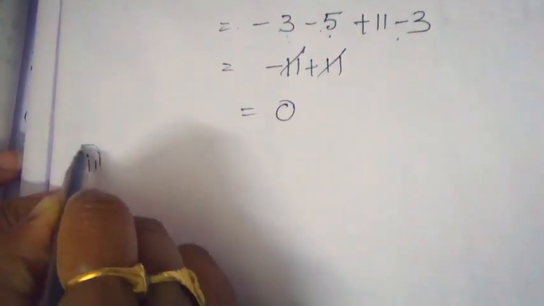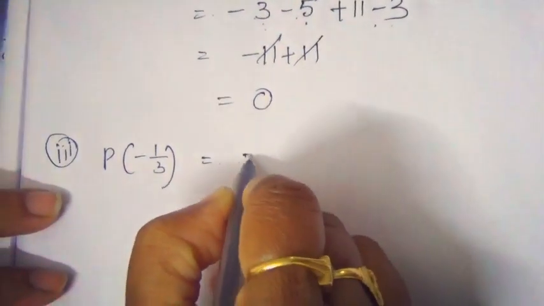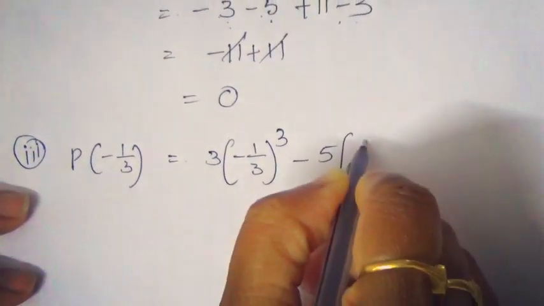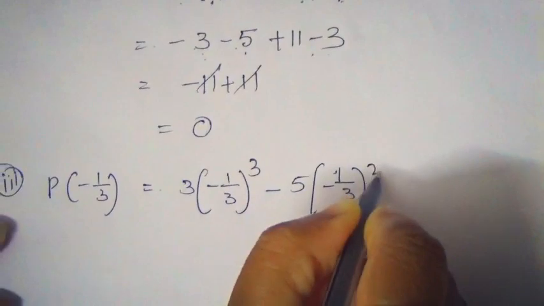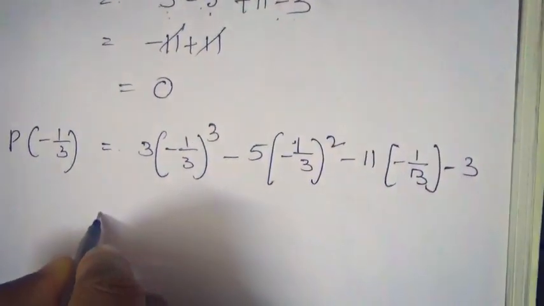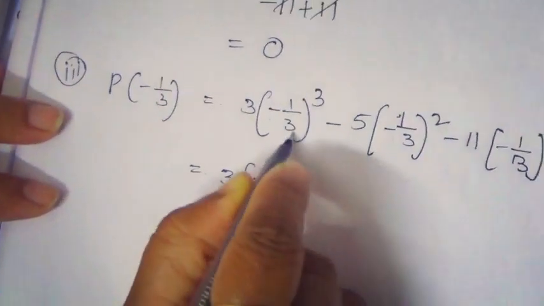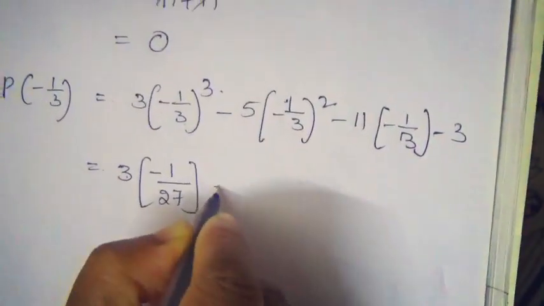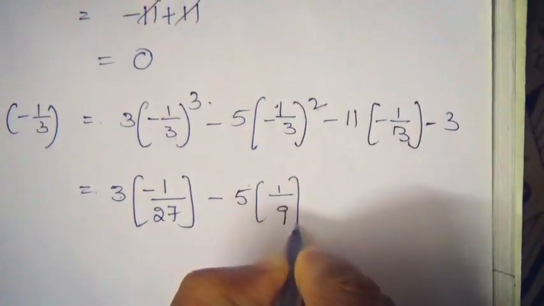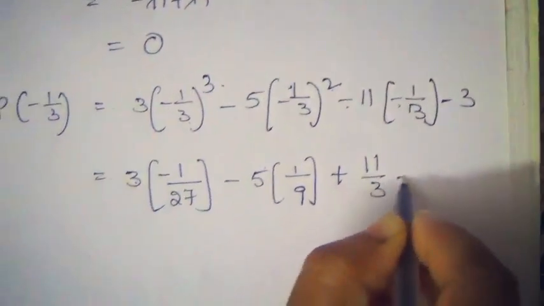So the third one, that is p of minus 1 by 3, is equal to 3 of minus 1 by 3 whole cube minus 5 of minus 1 by 3 whole square minus 11 of minus 1 by 3 minus 3. That is equal to 3 of minus 1 by 3 cube, which means 27, minus 5 of 1 by 3 square, which means 9. So minus of minus plus 11 into 1, 11 by 3, minus 3.